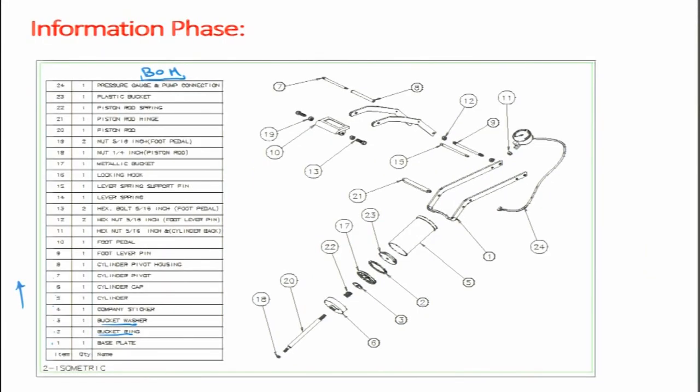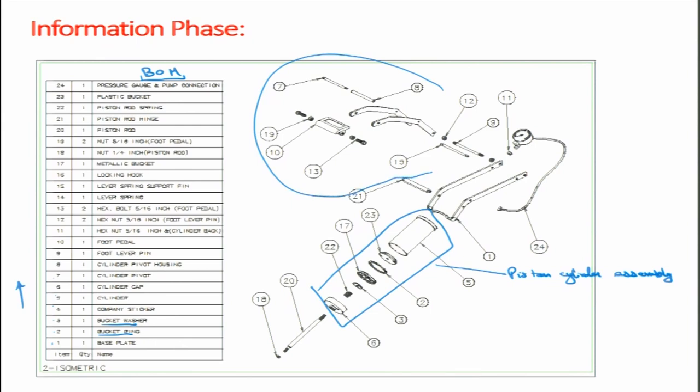Also we can group the components. For instance, some components come in one group, and this is the piston cylinder group. This group is actually, I would say, an assembly, because I am talking about components, not functions. This is the piston cylinder assembly. Then at the top we have the pedal assembly.